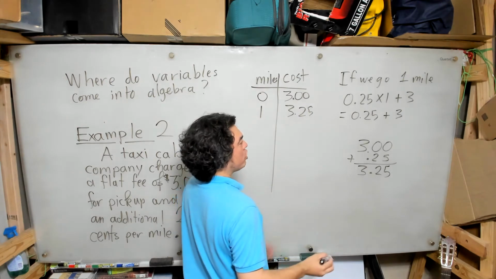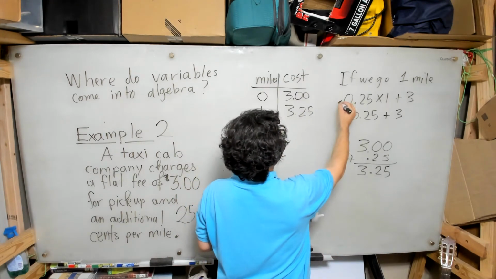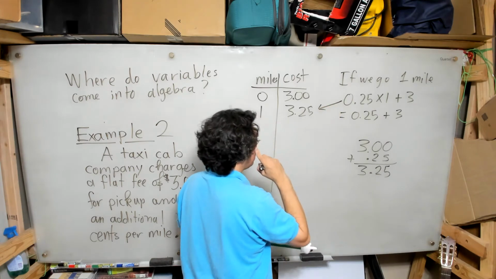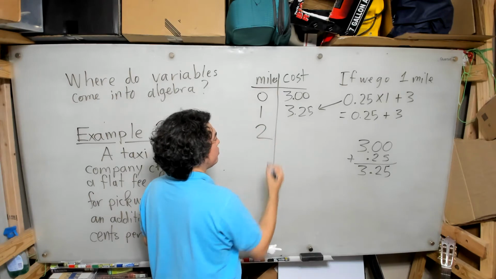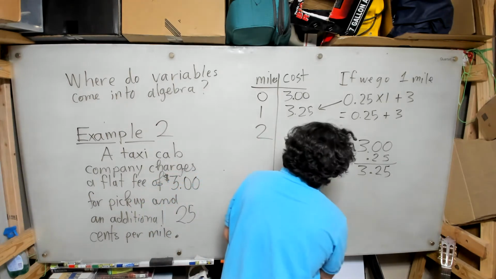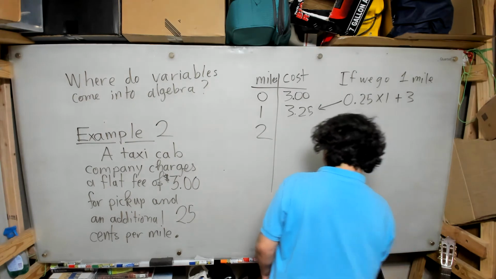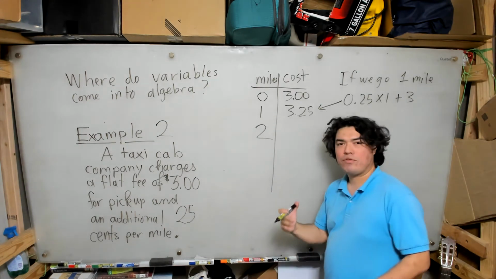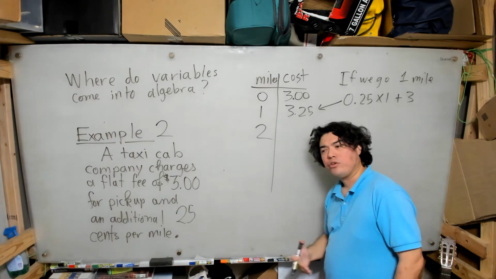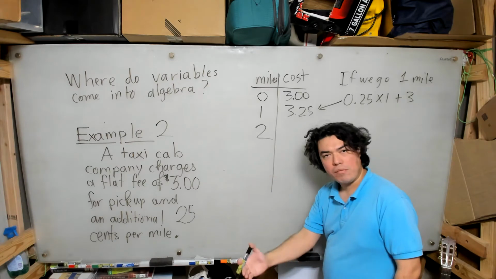And notice the structure of the expression I calculated to get this. It was this expression, okay? Now, what about for, let's say, 2 miles? As you might imagine, I'm going to drive 2 miles. So it's going to be 25 cents for the first mile, plus 25 cents for the second mile.